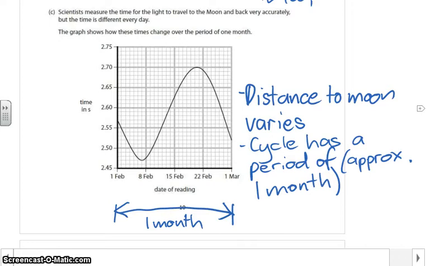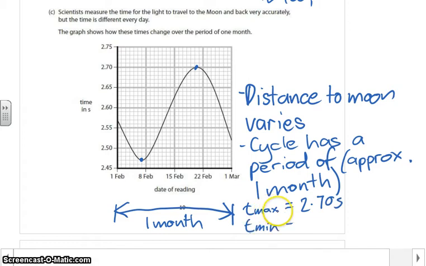To get the third mark, it would be nice to use the data off the graph, some of the numerical data. You can see here that this is the maximum time that it takes, and this is the minimum time that it takes. So you could read that data off the graph to get the third mark in this question.